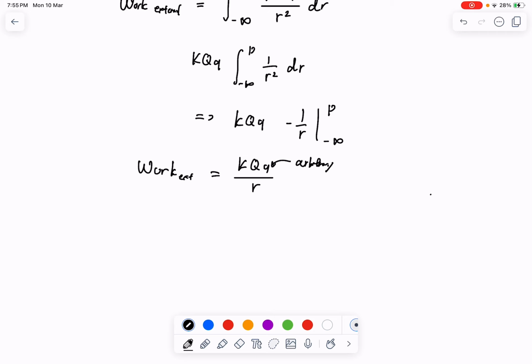So electric potential is defined to be the work external divided by q. Basically, work external per unit charge. And what does that mean?